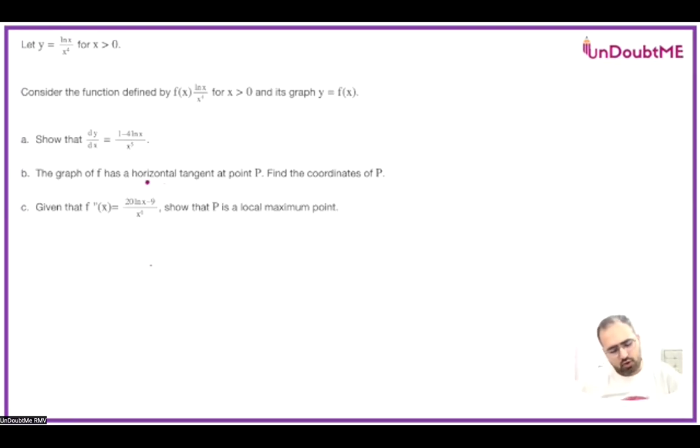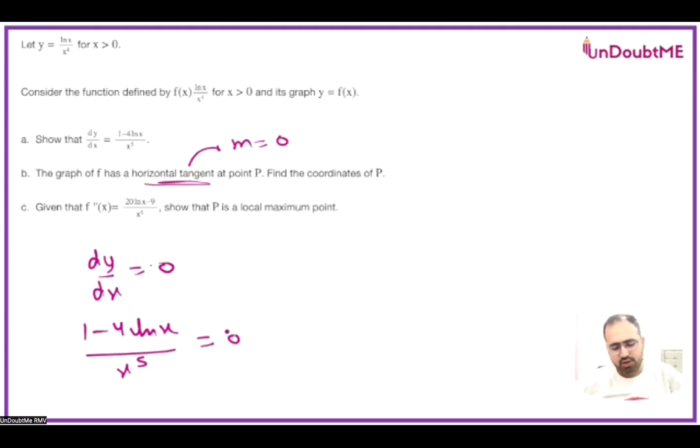Okay? Horizontal tangent means m is equal to 0. Gradient will be 0. So it means dy by dx will be equal to 0, and we'll just solve this. Isn't the differentiated thing the gradient? That will be equated to 0. I think you said the same thing only.